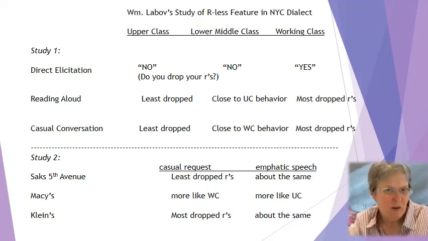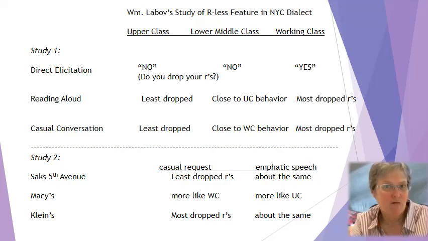Now, to follow up on this and to see that it wasn't just kind of a laboratory set of results, Labov took this into the community to do an ethnographic community study. And it was kind of ingenious what he did. He chose 3 New York City department stores, all within the same borough, all within the same area in New York City. And all 3 of these department stores he checked out had at least 4 floors.